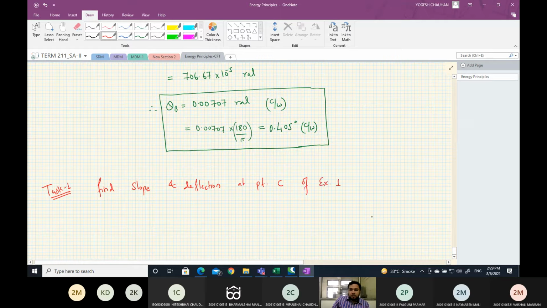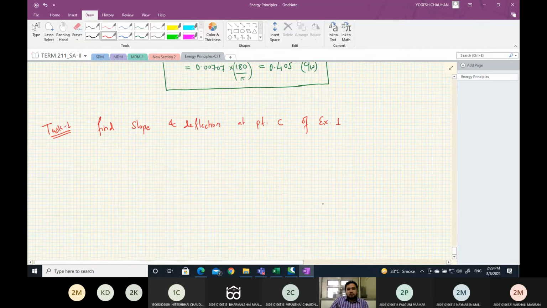So whatever the example we have discussed, you find the slope and deflection.